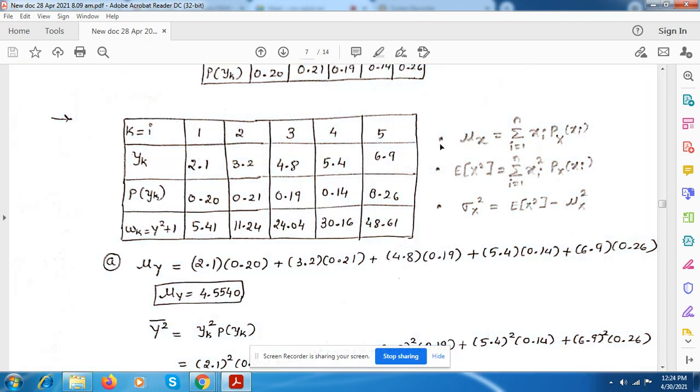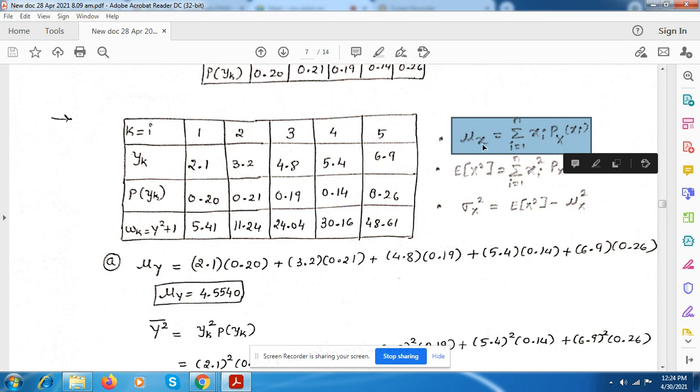So once you calculate this, first we have to calculate the mean and variance for this YK random variable. This is the general formula to calculate the mean value, that is mu x is equal to summation i is equal to 1 to n xi into px of xi. This is in terms of x random variable.